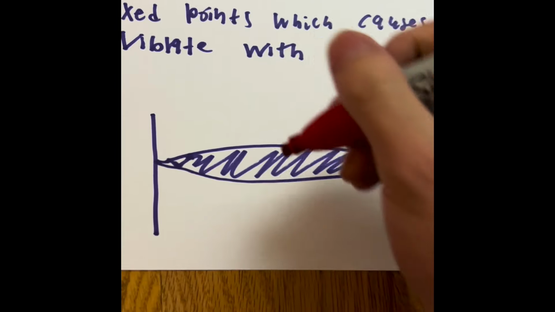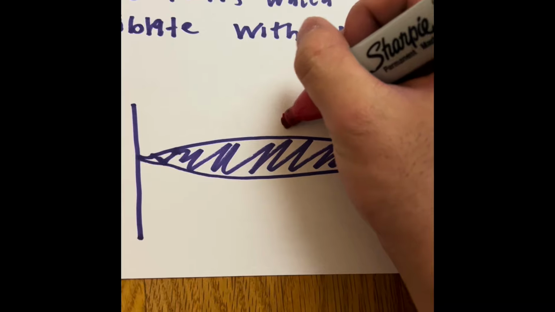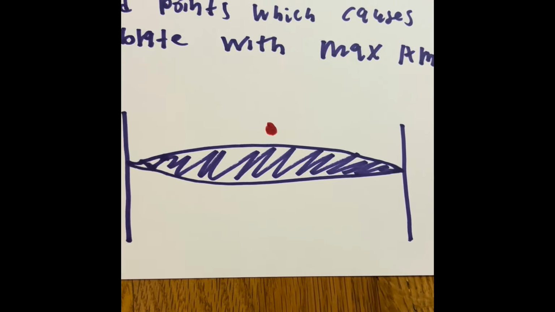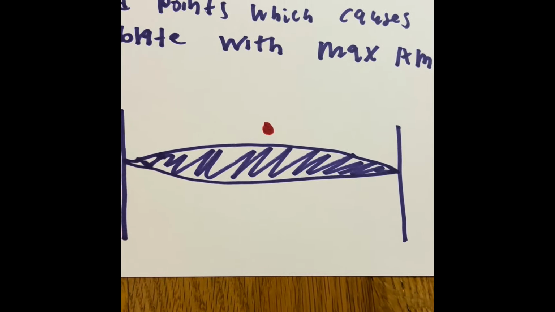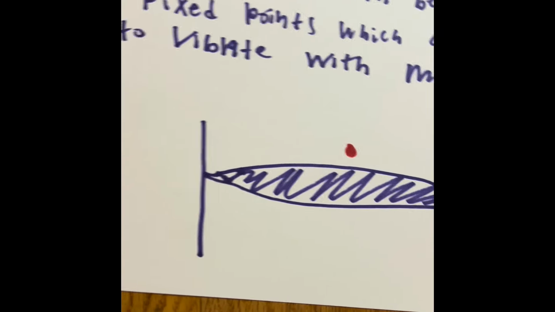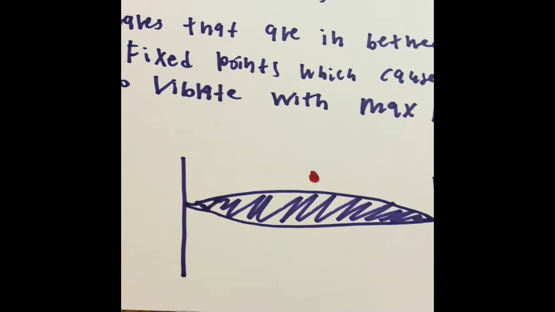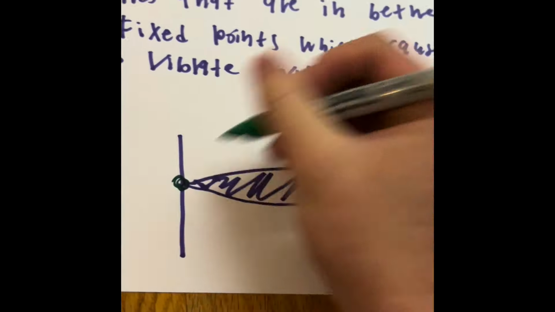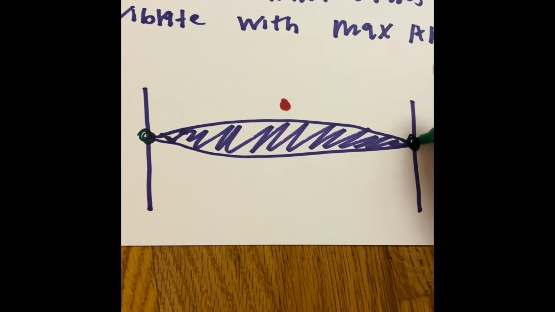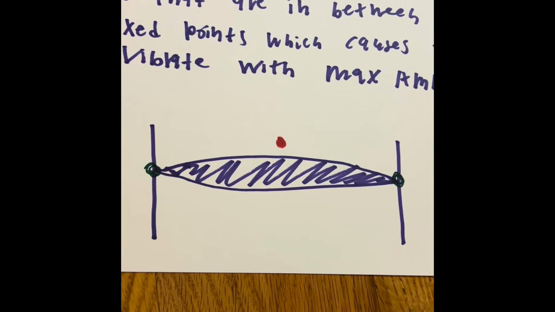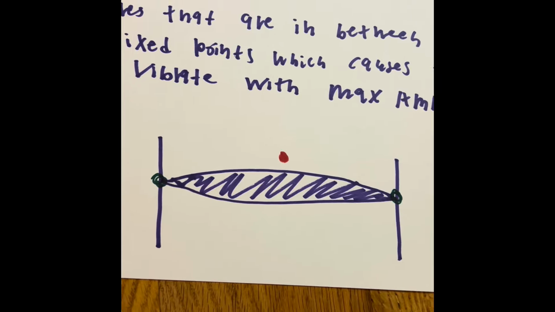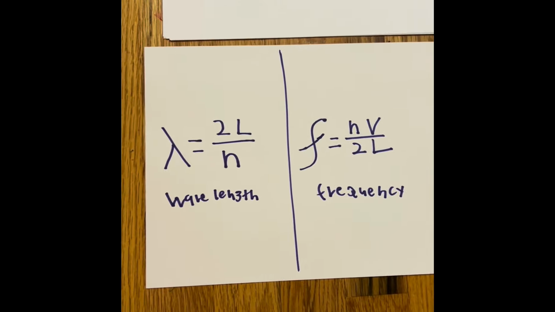For example, right here, top and bottom, is going to be the maximum amplitude. That's an antinode. But if you take a look at the sides here and there, they're totally flat. And these are the points where it's being stretched. These are nodes.